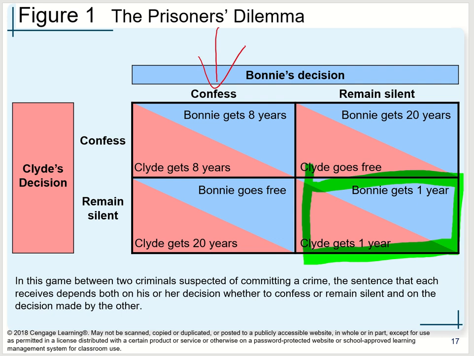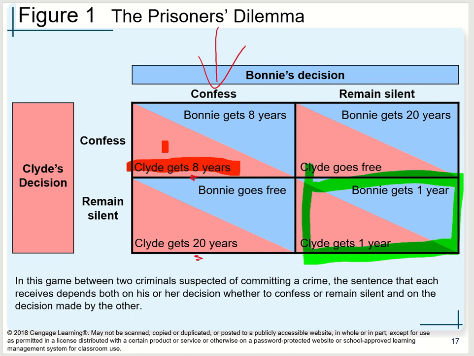If Clyde decides not to confess, he will get 20 years. But if Clyde decides to confess, he will only get 8 years. So if Bonnie decides to confess, it's best for Clyde to confess as well, right? So mark over here.